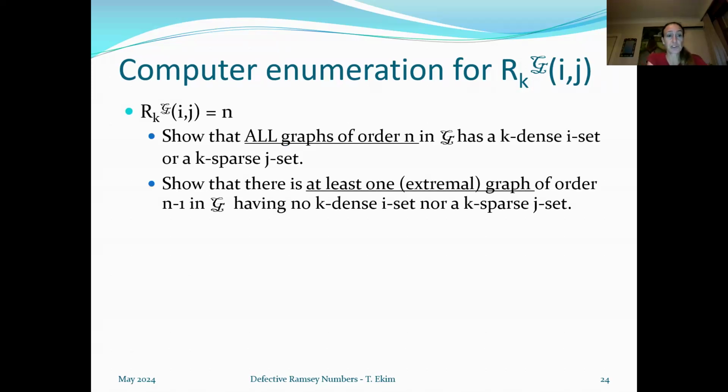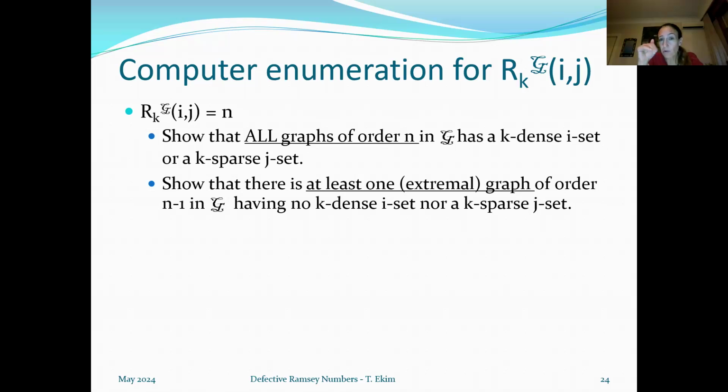Well, to show that the k-defective Ramsey number in the graph class G is n, we need to do 2 things. First, show that all graphs of order n in that class have a k-dense I set or a k-sparse J set.